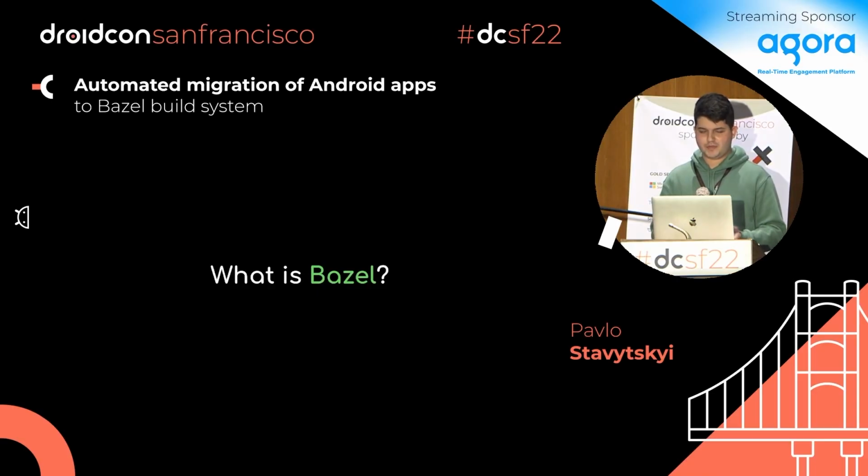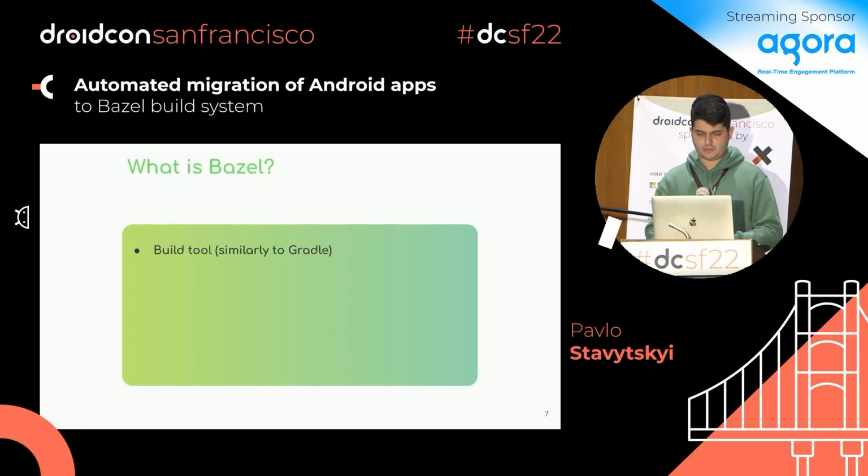Okay, so what is Bazel? As you know, when we create an Android project, by default it uses Gradle as a build system. Similarly to Gradle, Bazel is also a build system, which was developed by Google some time ago. It was first an internal project, but then at some point they open sourced it.